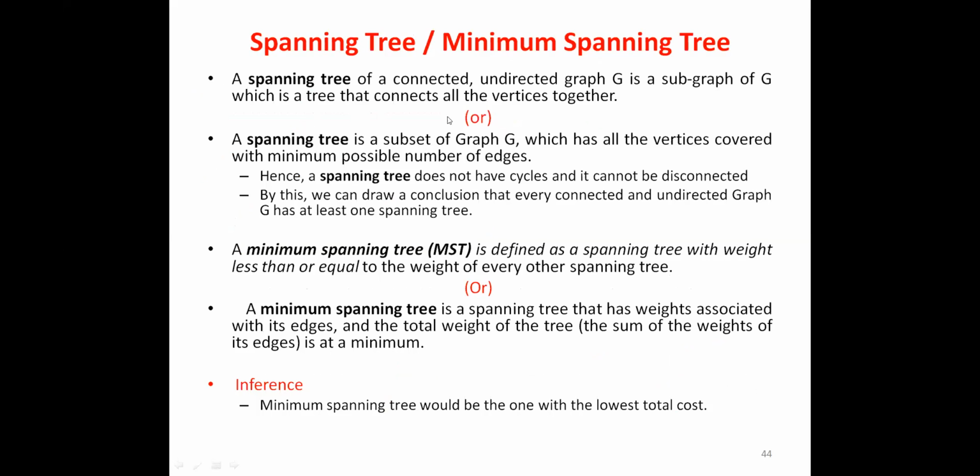I can extract some information and make it a graph. In that graph, I should have all the vertices, but with the minimum number of edges. That is the spanning tree.